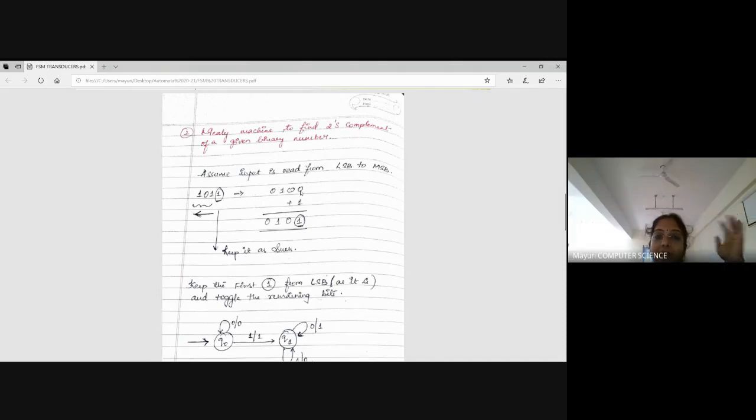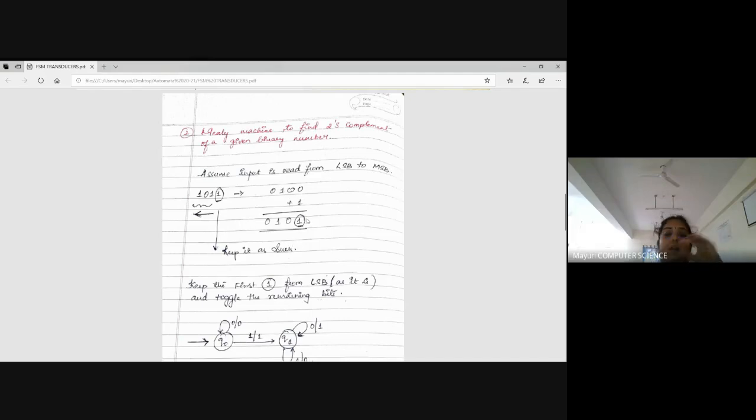LSB, you know, from right to left, the least significant bit is position 0 here. This is why I have taken the string 1011. Its one's complement is 0100, changing zeros into ones and ones to zeros. And then to the LSB, I will add 1. Right? So I got this.